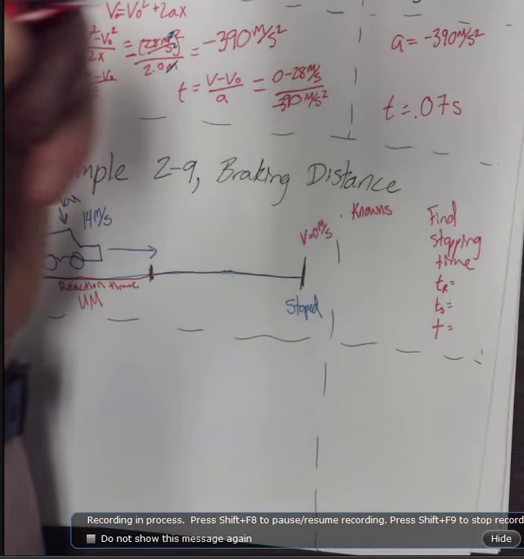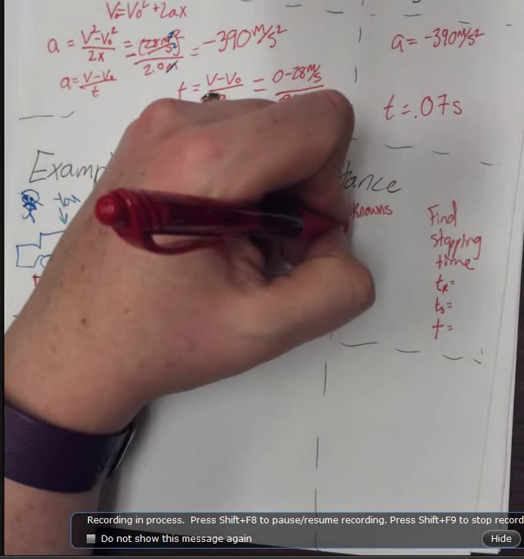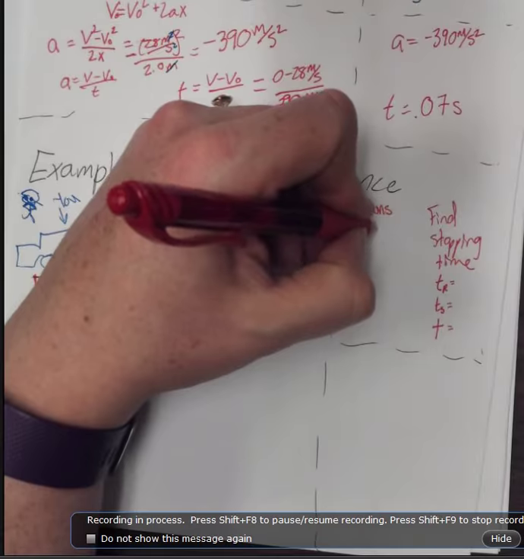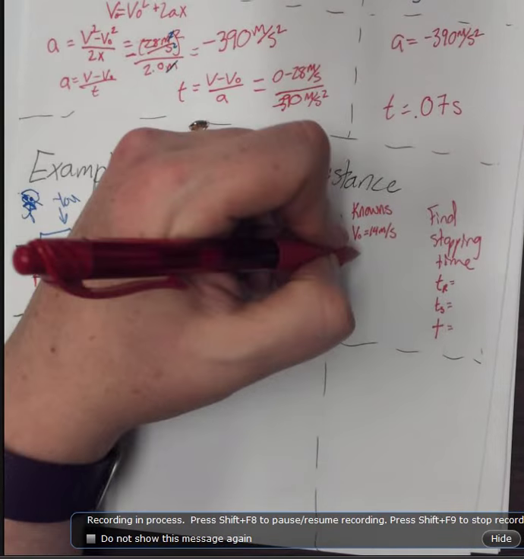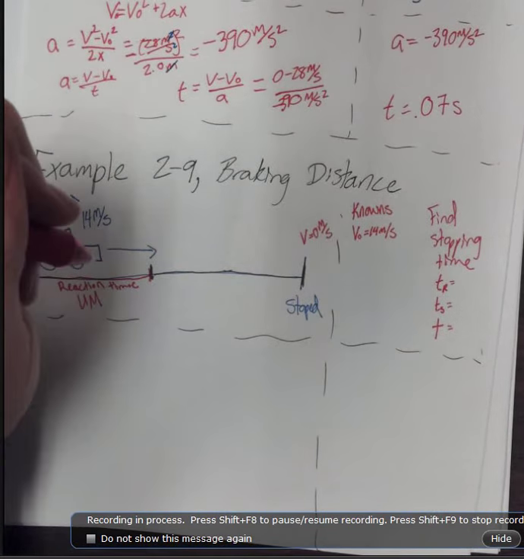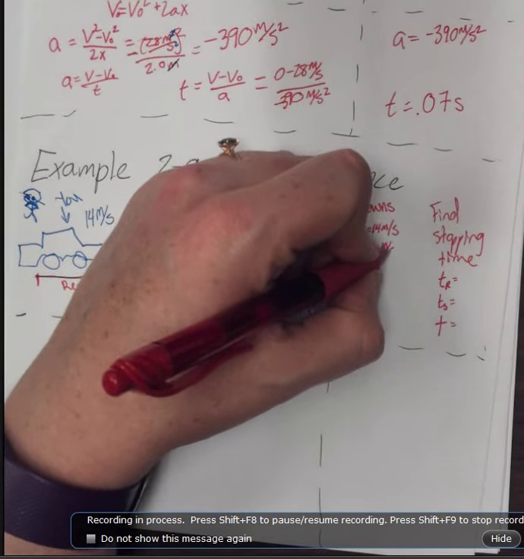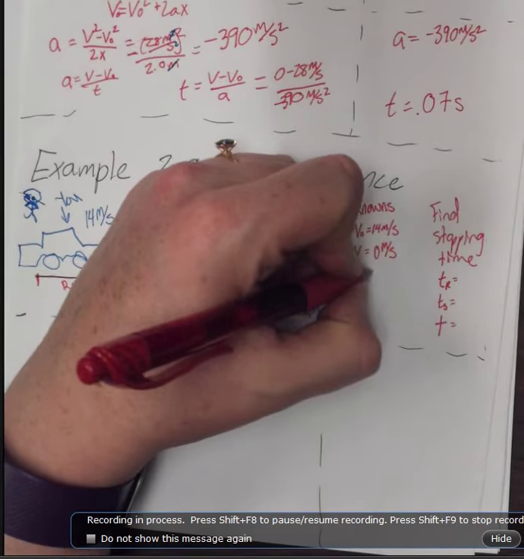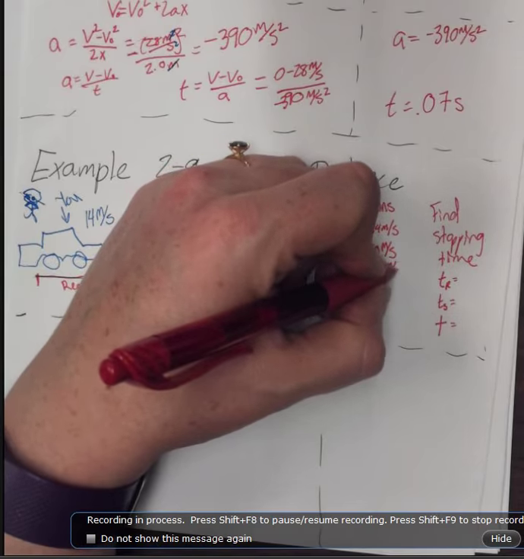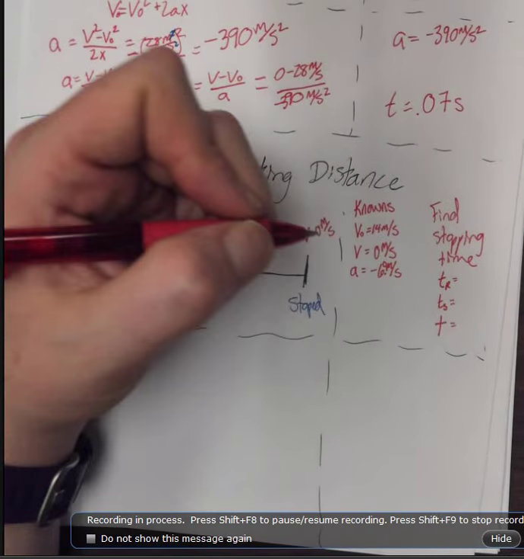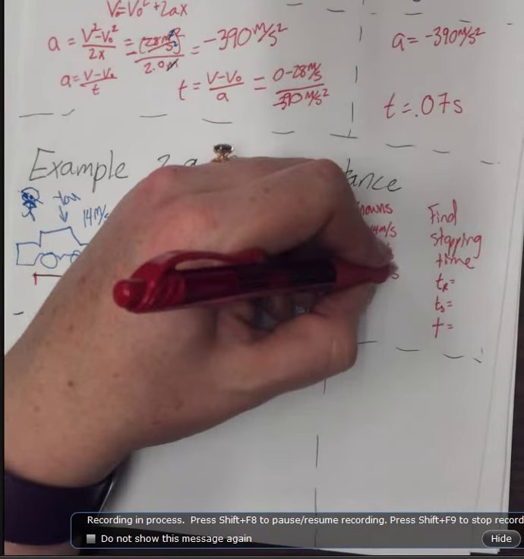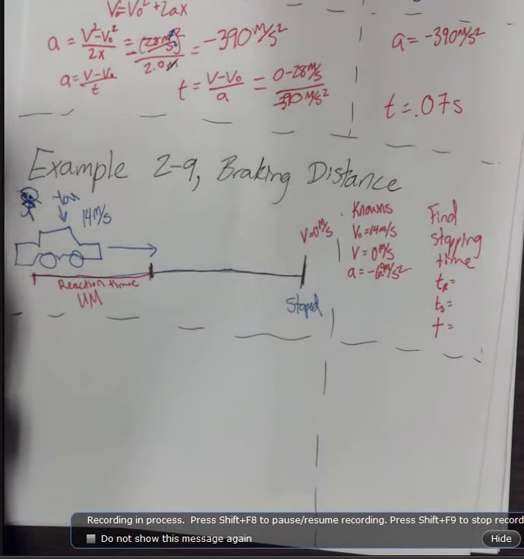or our givens, we know that our initial velocity is 14 meters per second. We know because you stop that our final velocity is 0 meters per second. We know from the textbook that our acceleration is -6.0 meters per second squared, because that's what the book says, and it's meters per second squared because it's acceleration.